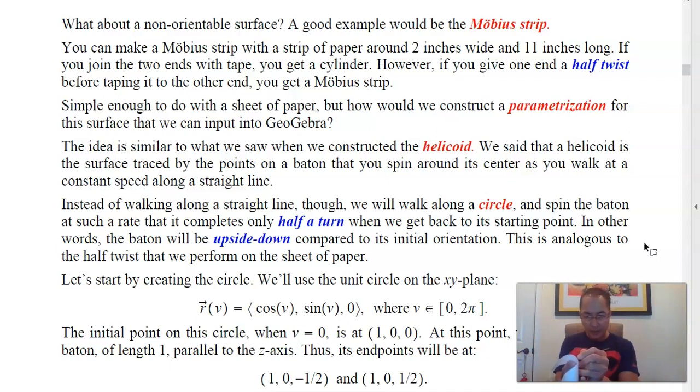I'm marking one point on the Mobius strip right there, and I'm also going to mark the other side. Because as I said, there's no front, there's no back, there's no top, there's no bottom. That point is exactly the same as that point. That is one point.